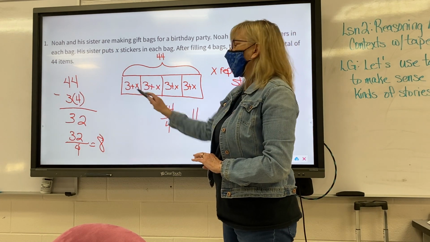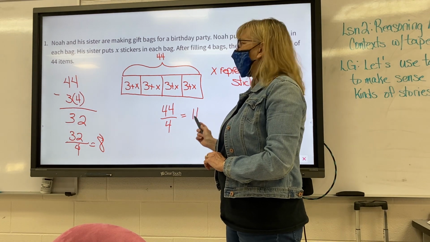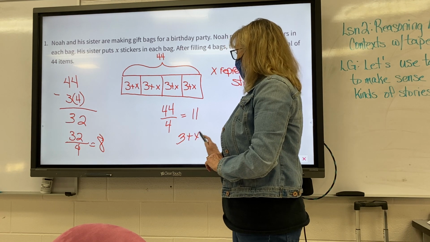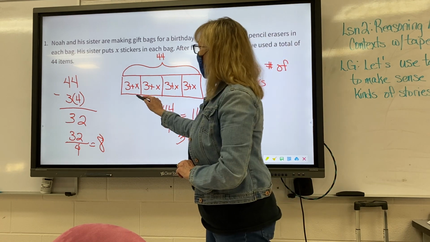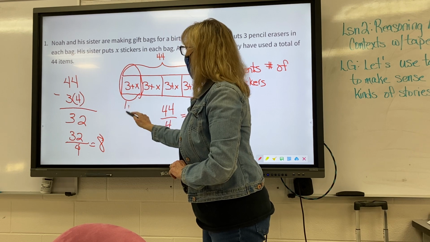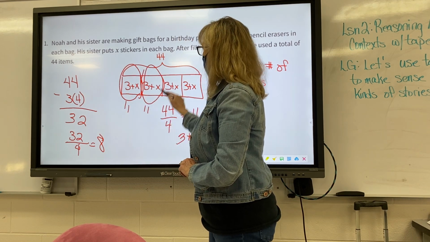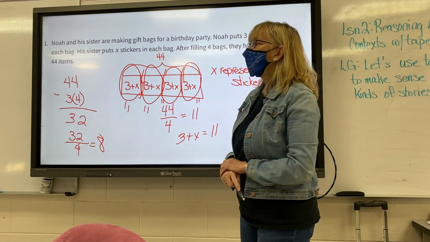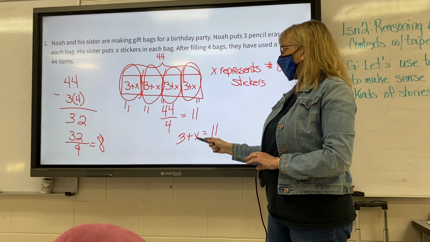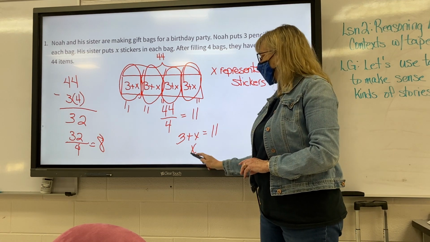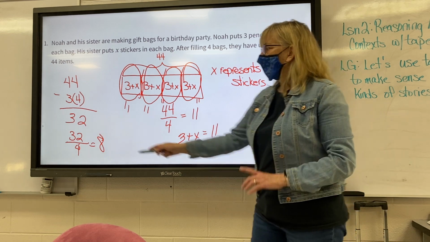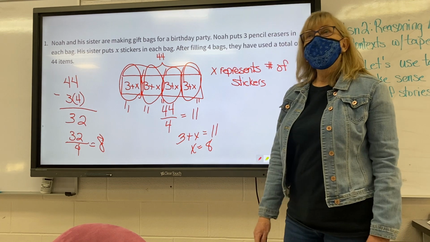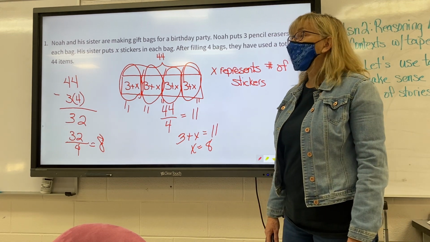Then I'm going to think 3 plus what equals 11. So this ends up being 3 plus X equals 11 because this right here is 11, this right here is 11, this right here is 11, and this right here is 11. So 3 plus what equals 11? 8. Did we get the same thing doing it this way? Yes. Okay, either way of thinking it works.